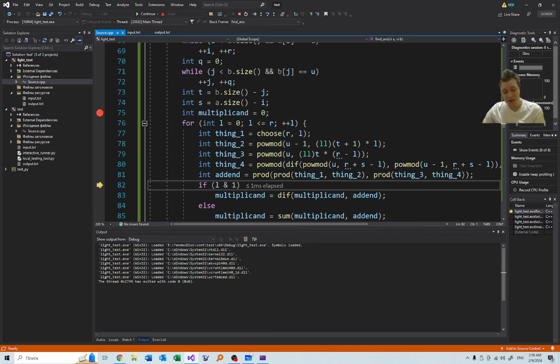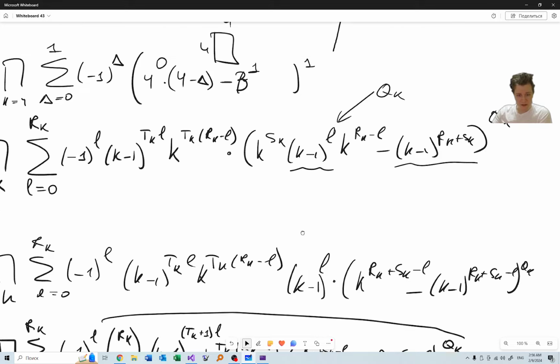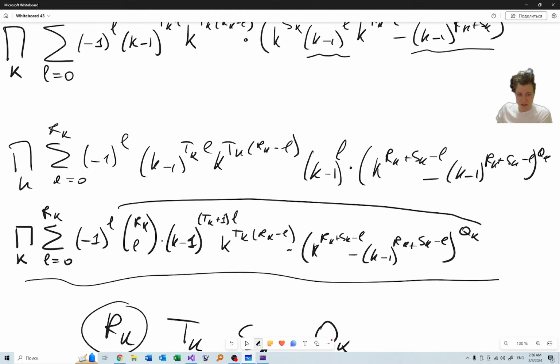And this is indeed a mess. Oh, I see. It's easier. This L should have been multiplied by qk. So here I actually needed plus qk.